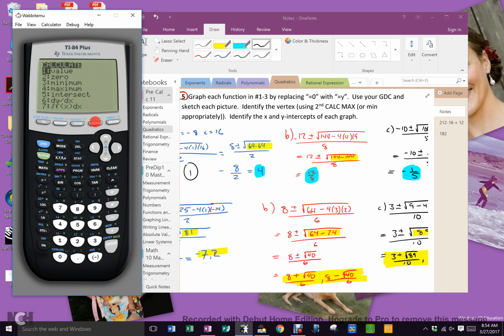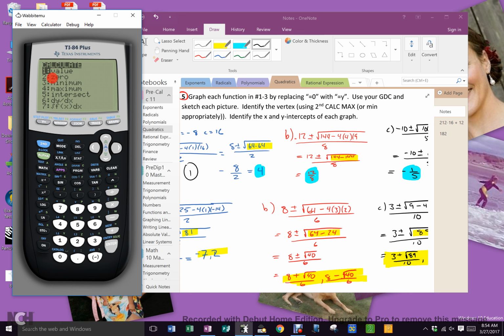We already know which one finds the x-intercepts because we've used it already before spring break. Zeros. And the 0 is exactly the same as what we just did. You find the spot where it touches the x-axis and you go on both sides of it. Left, right, boundary, guess. And in this case, it's going to come up with what? 4 again, because it only touches the x-axis once.